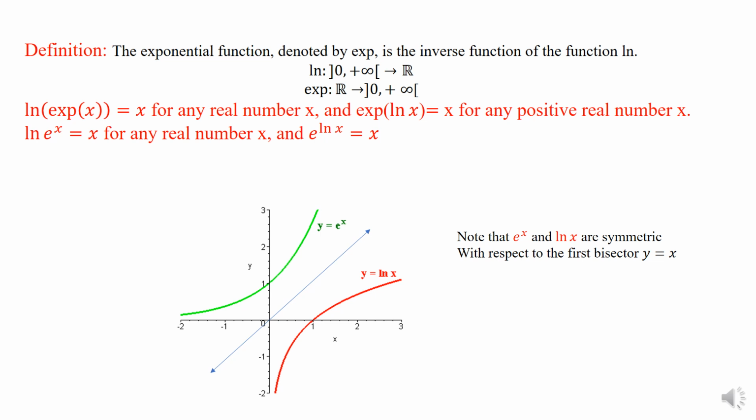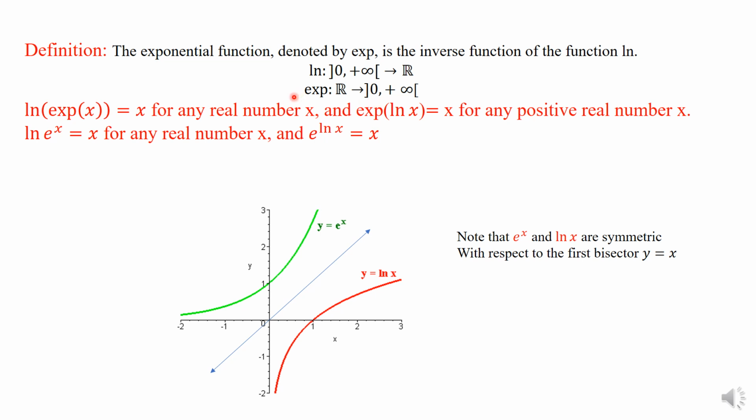By definition, the exponential function is the inverse of the ln function. The domain of the ln function is (0, +infinity) with range R. The exponential function has domain R and range (0, +infinity).